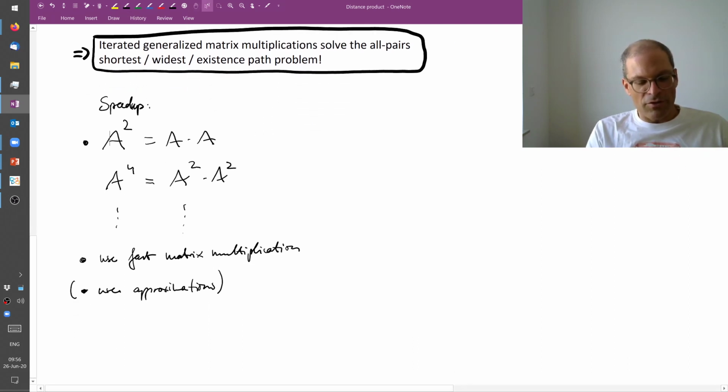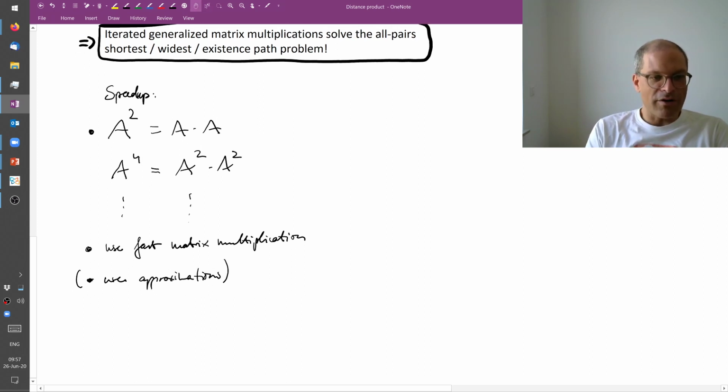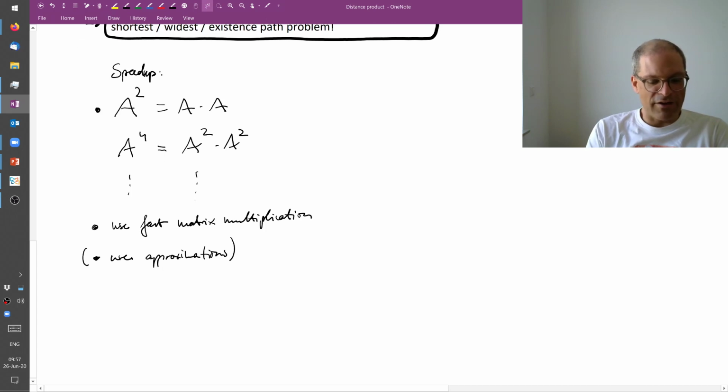Also, you will know that there are certain tricks. So naive matrix multiplication has a computational complexity of n to the 3rd, and using Strassen's or Winograd's algorithm for particular kinds of matrices, this can be done faster. So that's a trick that always applies. Or a really nice trick is also to use approximations.